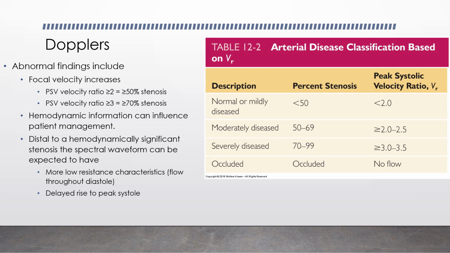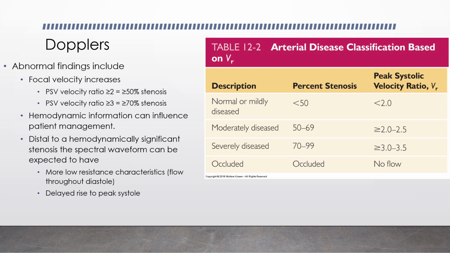So how do we classify these? Once you get all of your information, you've taken all the values, you need to go back and check those values against the standards. So if we have focal velocity increases where our peak systolic velocity ratio is greater than 2, that would equal about 50% stenosis. If we have a peak systolic velocity ratio of greater than 3, that would equal 70% stenosis.